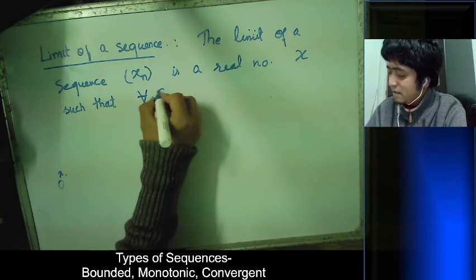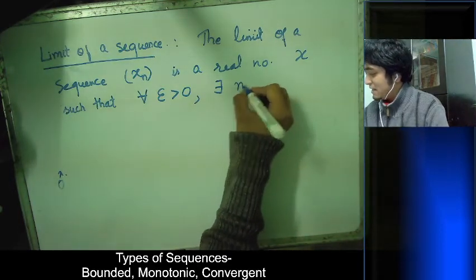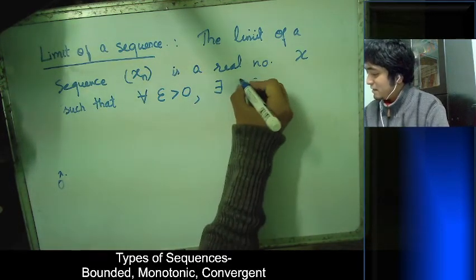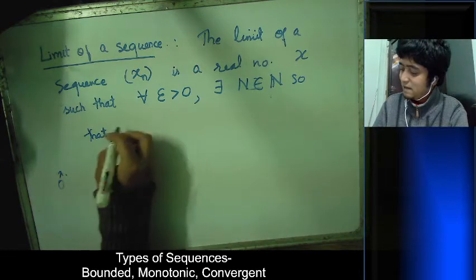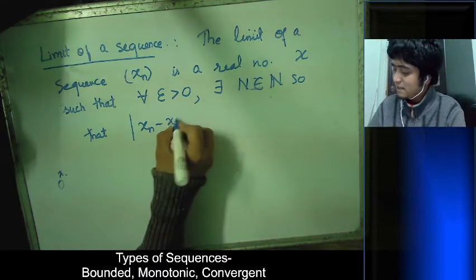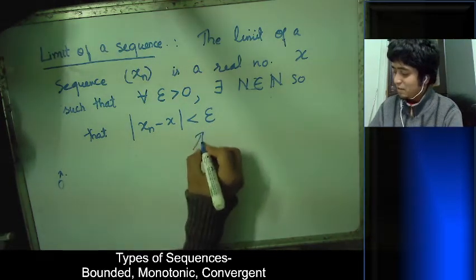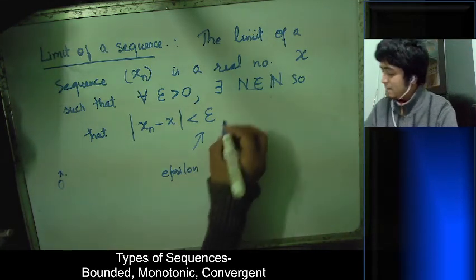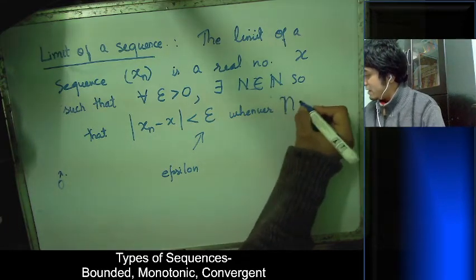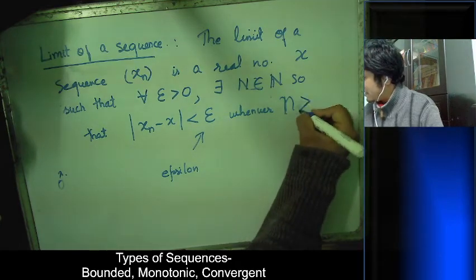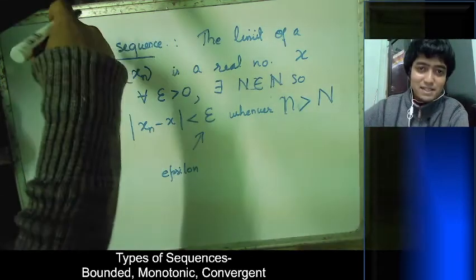for every epsilon greater than 0, there exists capital N belongs to the natural numbers, so that the absolute value of xn minus x is less than epsilon, this is pronounced as epsilon, whenever n is greater than capital N. Right now just take this one as it is.